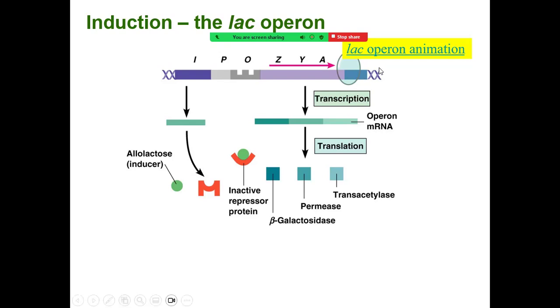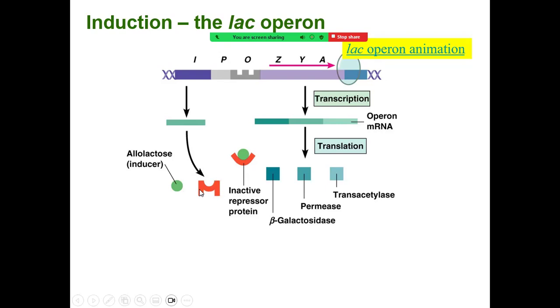The little video I'm going to show you is a little bit mistaken on this, and that is the repressor protein and the inducer, allolactose, only bind to each other when they both are free.